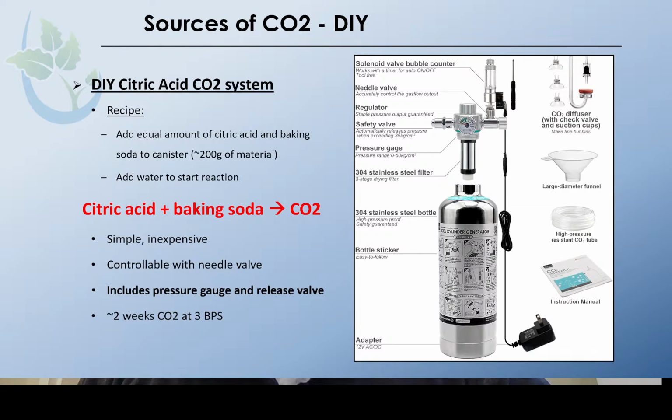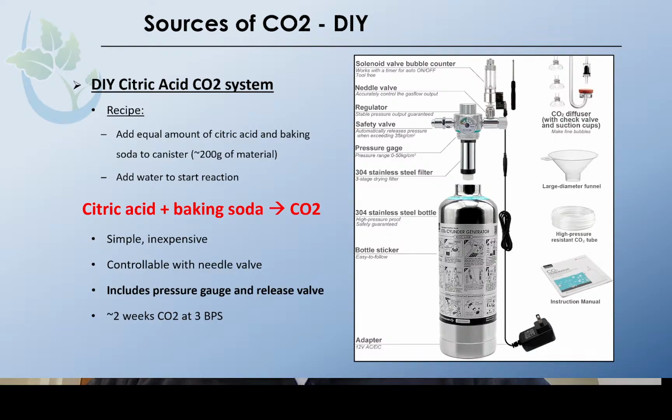You can get 2 weeks, maybe 3 weeks at 3 bubbles per second, which is pretty fast. It's a pretty good amount. And I know someone who's running a low-tech tank with one of these. He gets 3 months, but he's only doing maybe 1 bubble a second. So it's actually fairly efficient.